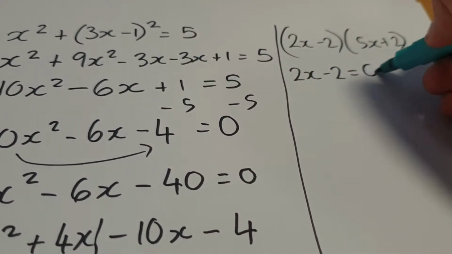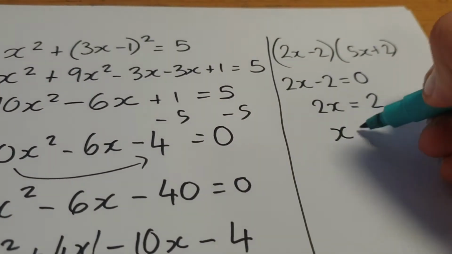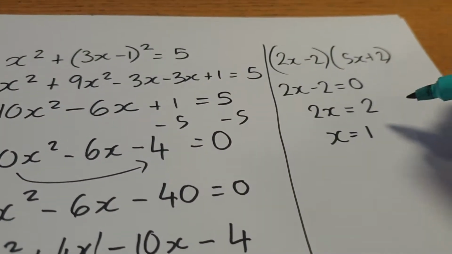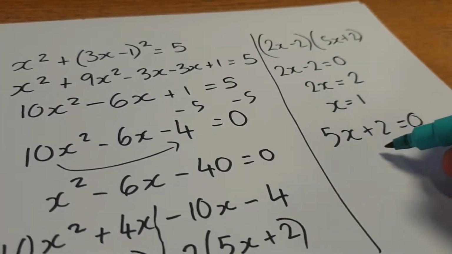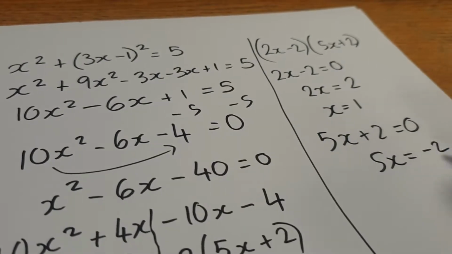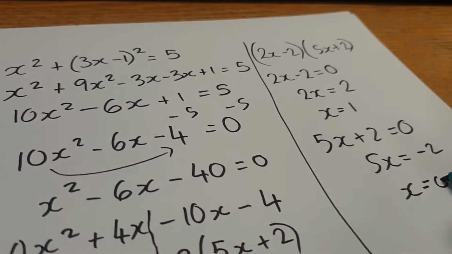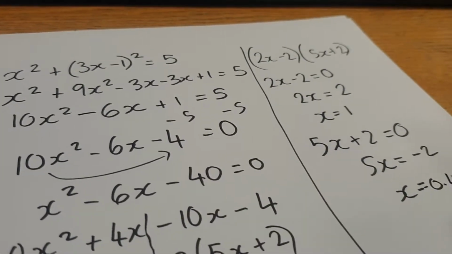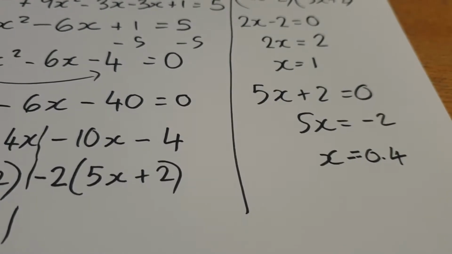So when that equals 0, plus 2 on both sides, so x equals 1. And then the next one, minus 2 on both sides, divide by 5, gives you minus 0.4.